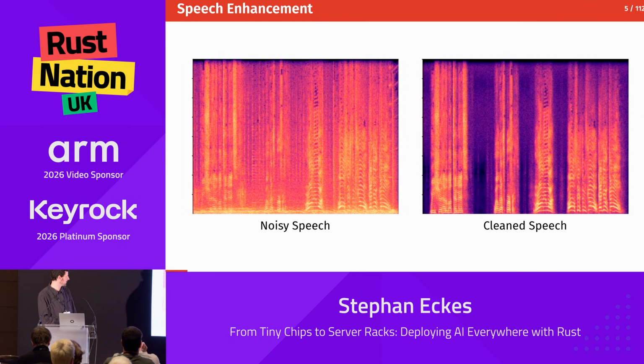So the AI model can learn this. We can also equalize the voice to make it sound like a podcast, remove the reverb of the room, and also fill in missing frequencies. But that's how it is.